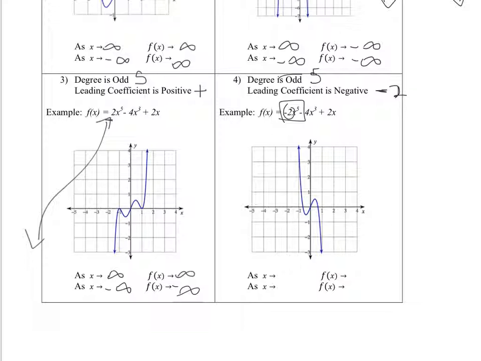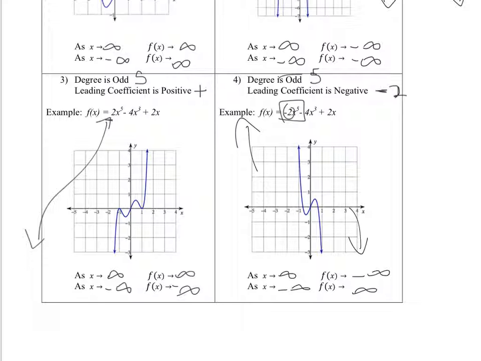All right, so look, this is a graph. The end behavior of all these graphs with those characteristics are going to be the same. So as we go to infinity, we go down. And as we go to negative infinity, it's going up. And that's it. So that's the general characteristics of these graphs.